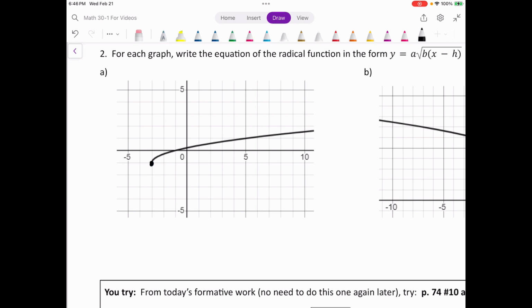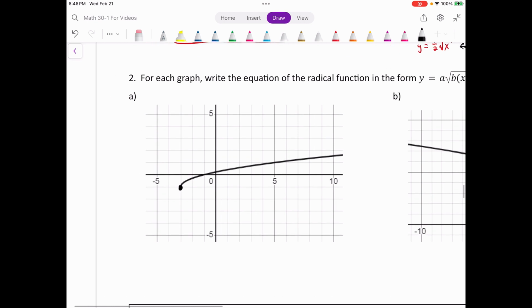Now, normally on y equals root x, don't forget, we go over 1, up 1, and we should be back on the graph, right? Here, that's not the case. I could say, go over 1, up, but then it's some decimal. So we don't know what that decimal is. We're not going to do that, right? But notice here, to go up 1, I'm having to go over 2.